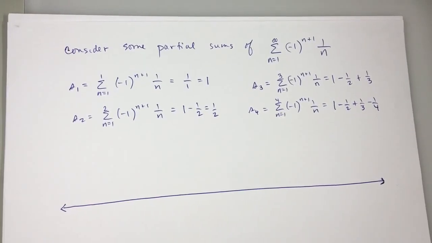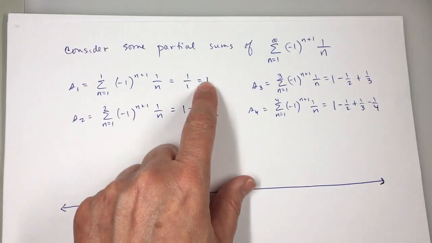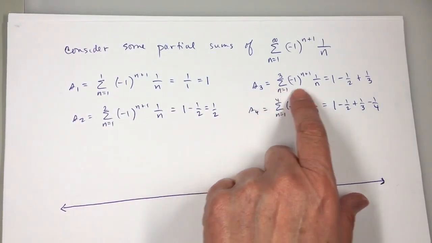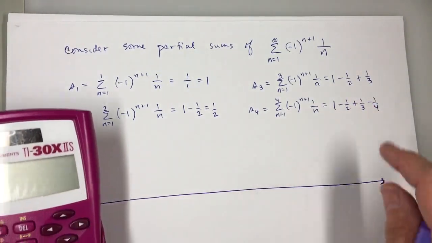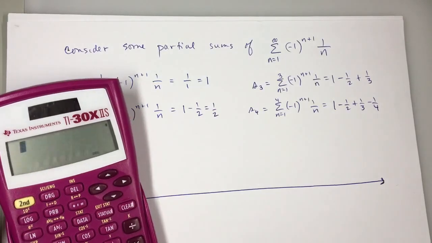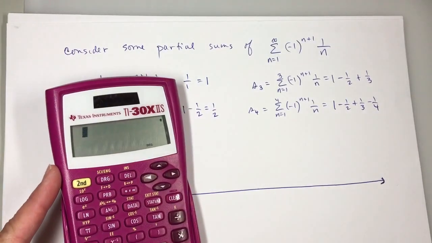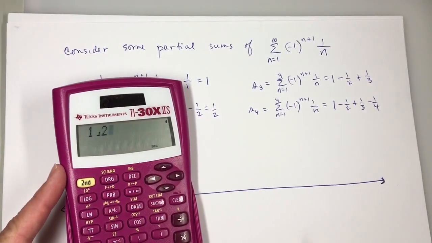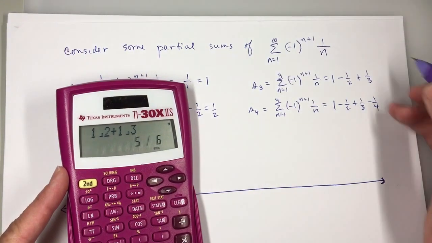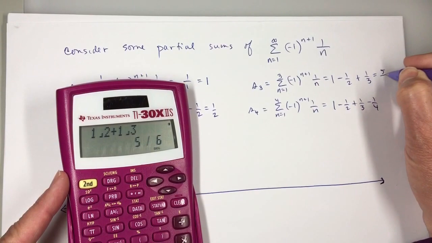Okay, so I'm looking at some partial sums. Partial sum number 1 is 1. Partial sum number 2 is 1/2. Partial sum number 3 would be 1/2 plus 1/3. So we'll get a number for this in the calculator. 1/2 plus 1/3, and I get 5/6.